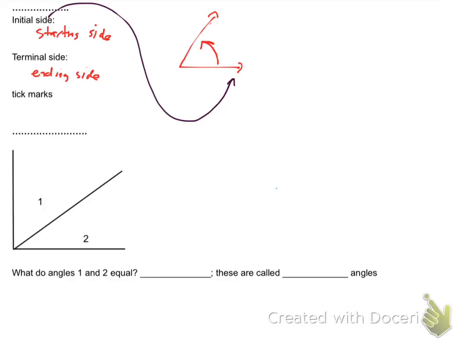We start here, horizontal to the ground, and we move up. That's usually our initial side. Our terminating side then would be where we're turning to. And you can see the arrow is curving up to that terminating side.